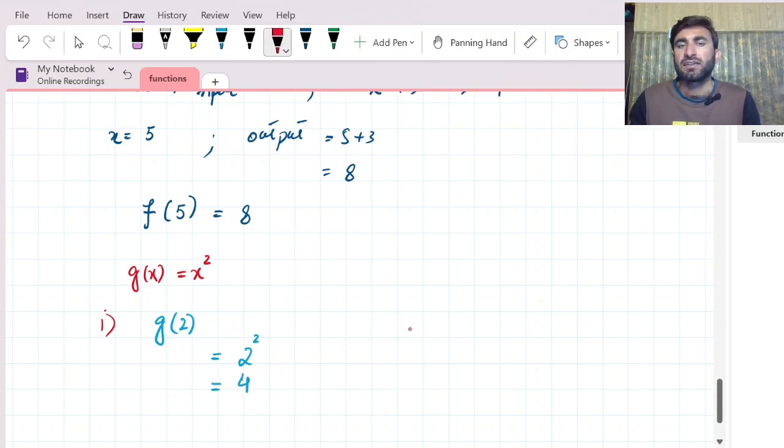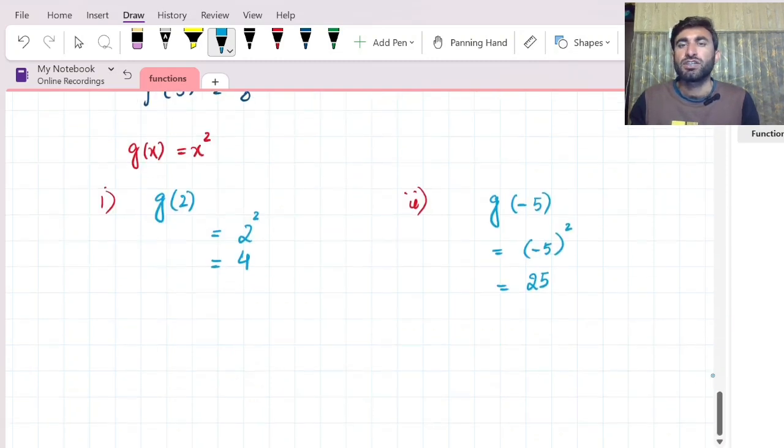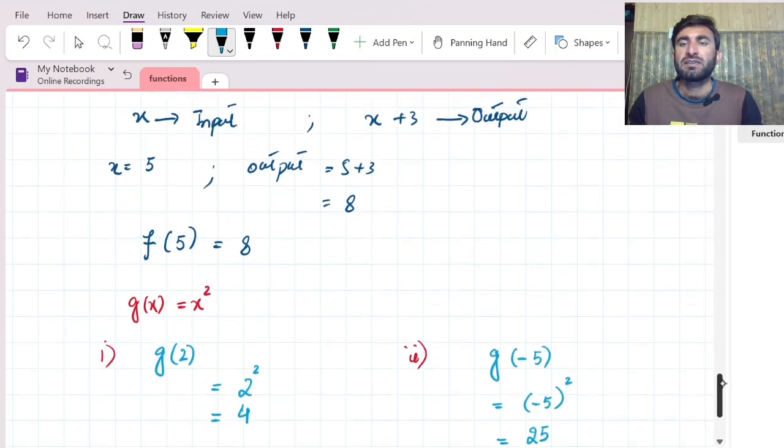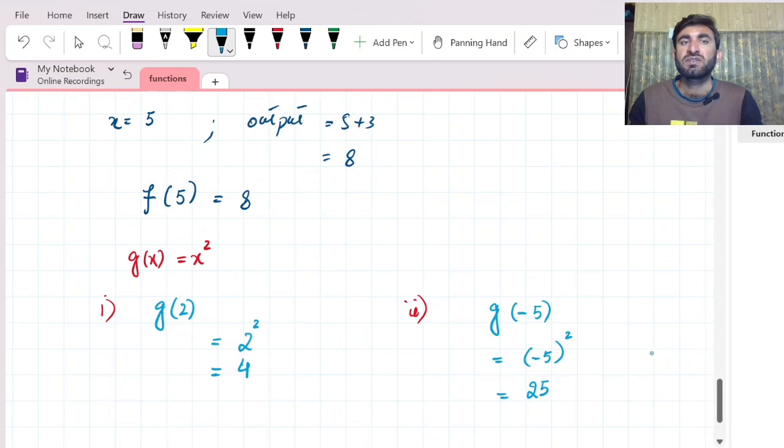Okay, the second one, it says g of minus 5. So it will be definitely the square of minus 5, which is equal to positive 25. So that was g of negative 5. Similarly, we can have many other operations on the algebraic function, which we are going to discuss in detail in the coming video.